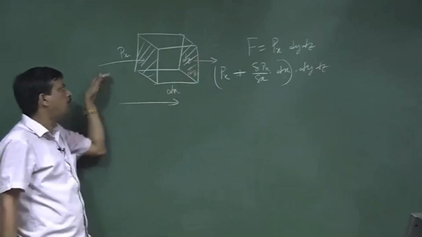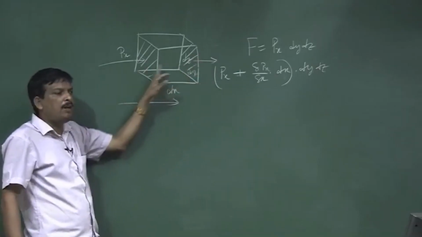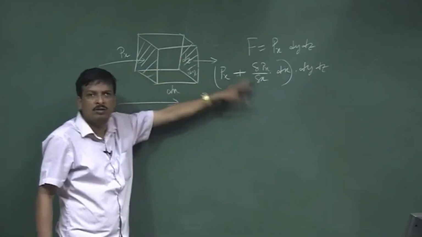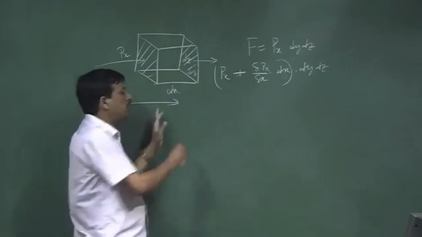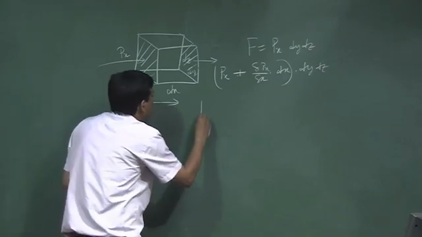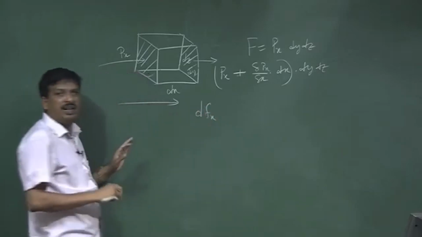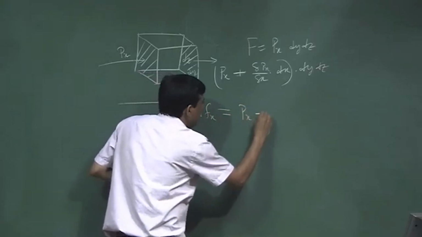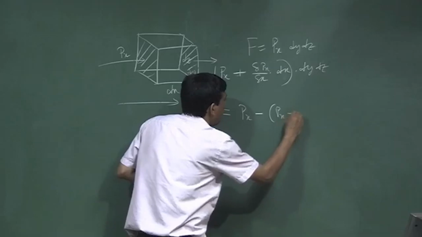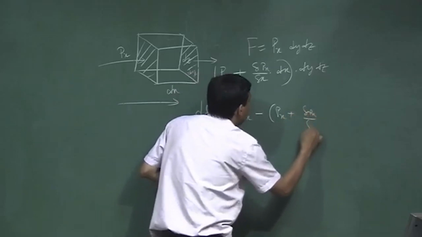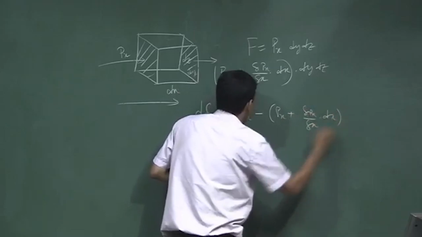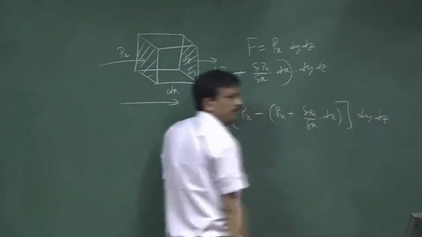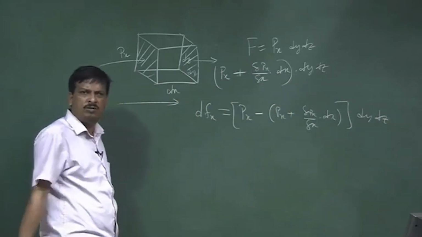If the direction of the force is this way, the net force inside this volume will be this force minus that force. So, the net force dFx acting in the x direction is Px minus Px plus del Px by del x into dx, whole multiplied by dy dz, since area multiplied by pressure is the force.